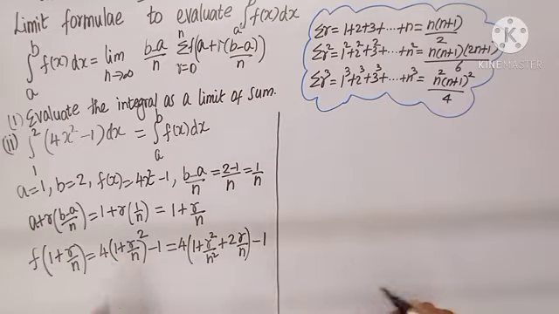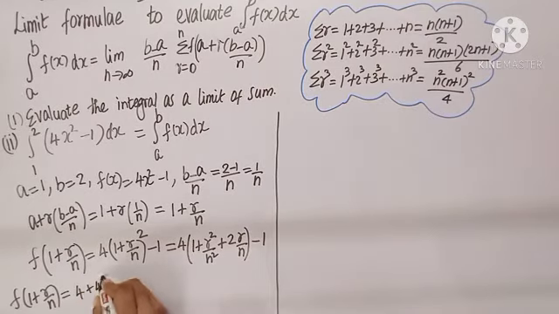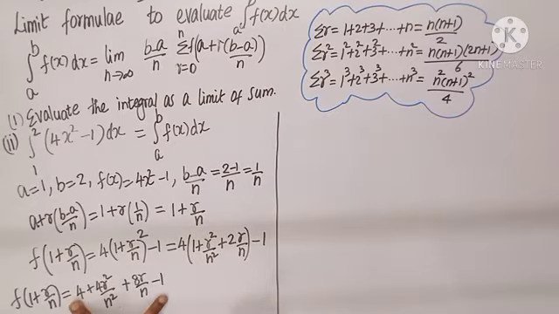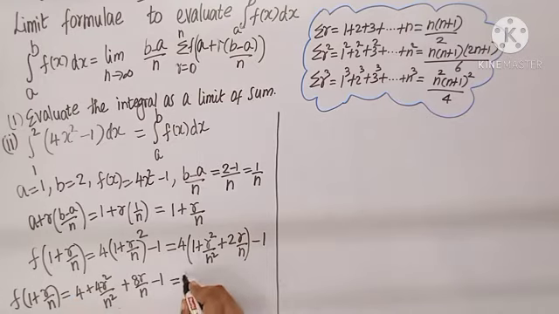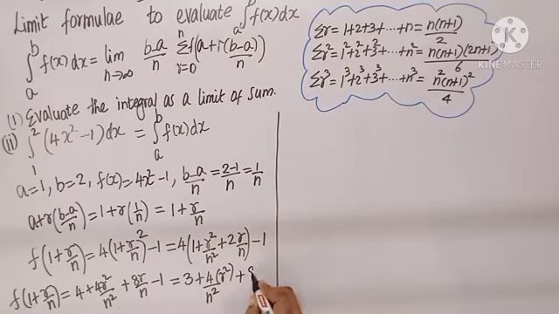As I multiply, 4 plus 4r squared by n squared plus 8r by n, minus 1. 4 minus 1, I can write 3 plus 4 by n squared r squared plus 8 by n into r.